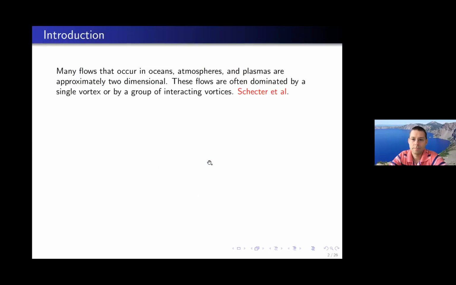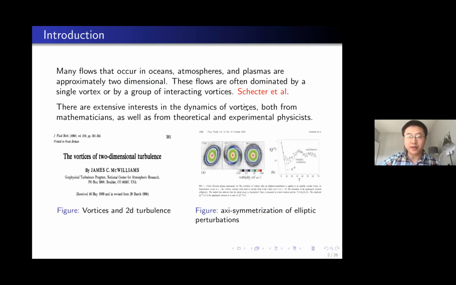We know that of course fluid flows are three-dimensional, but many flows that occur in oceans, atmosphere, and plasmas are approximately two-dimensional. These flows are often dominated by a single vortex or a group of interacting vortices. There has been a lot of interest, both from mathematicians and physicists, in understanding at least heuristically simpler two-dimensional flows.